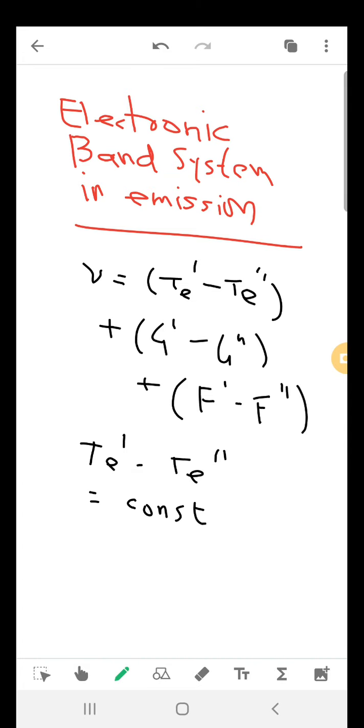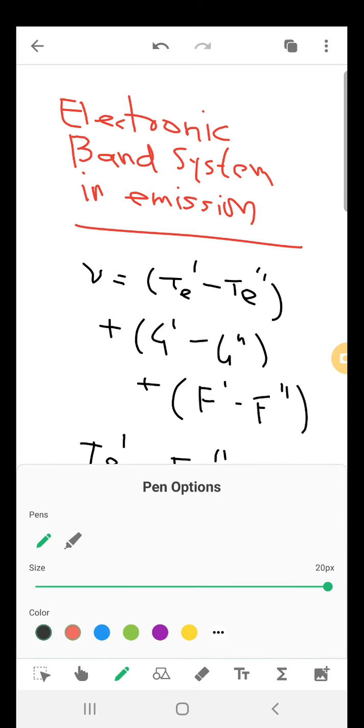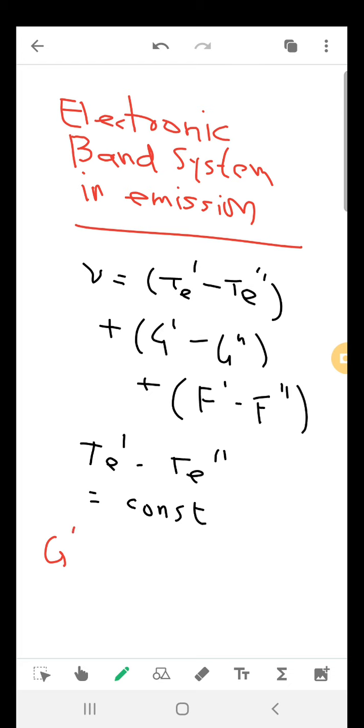G' and G'' correspond to vibrational levels associated with different electronic states.